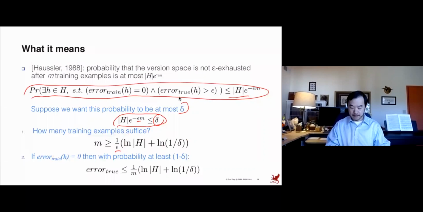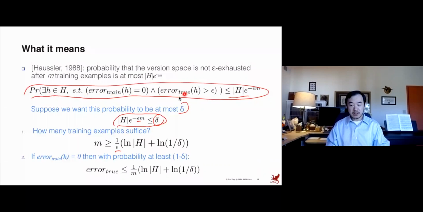Are you with me? Okay. Maybe the other way to say that is, what's the complement of this event? Here, we say that there exists some hypothesis which is not epsilon exhausted.